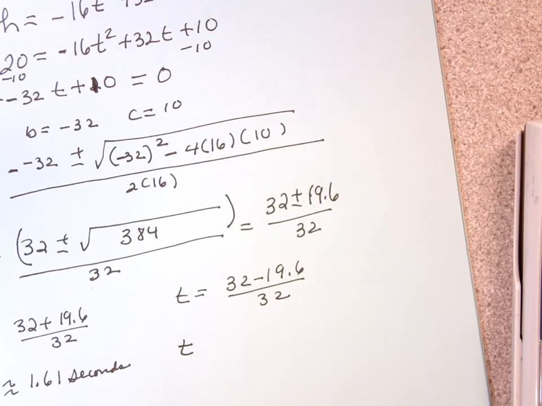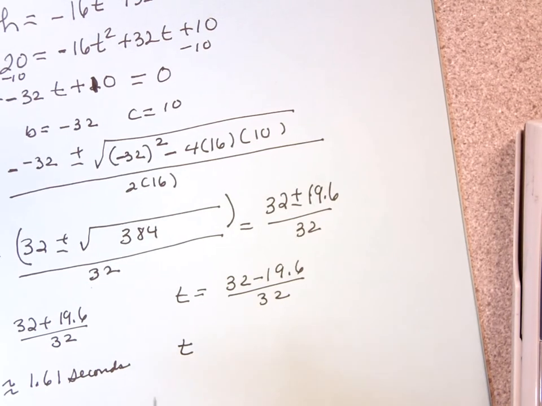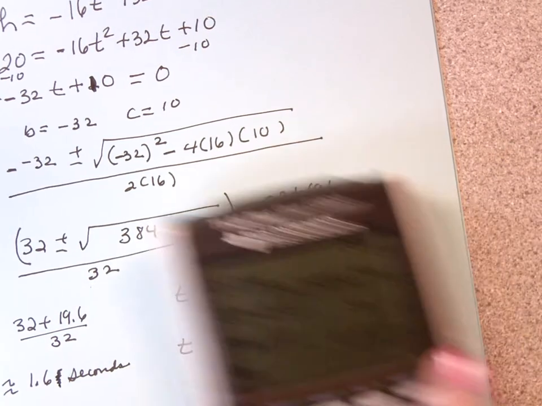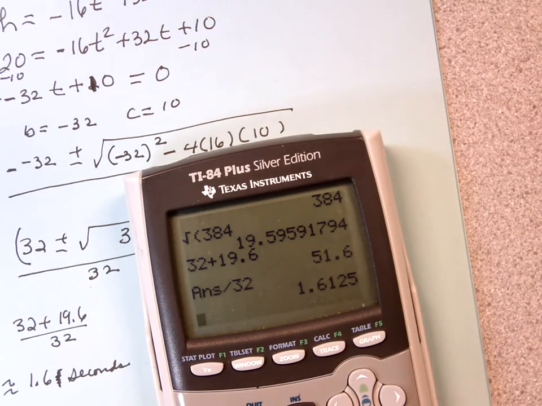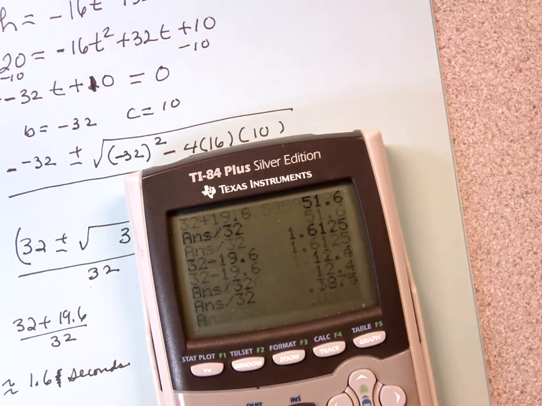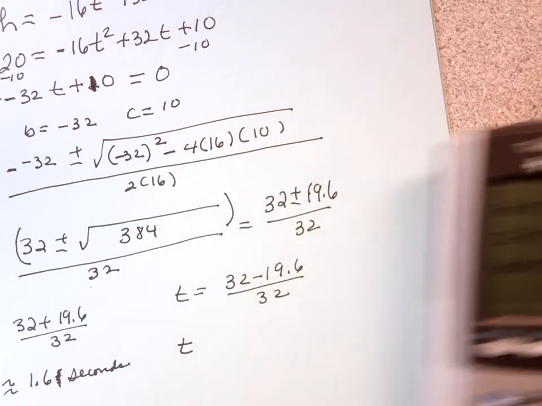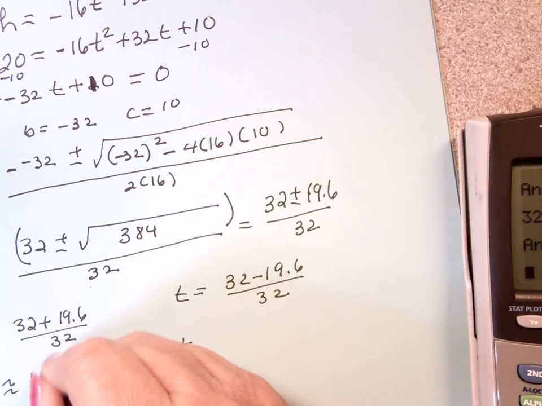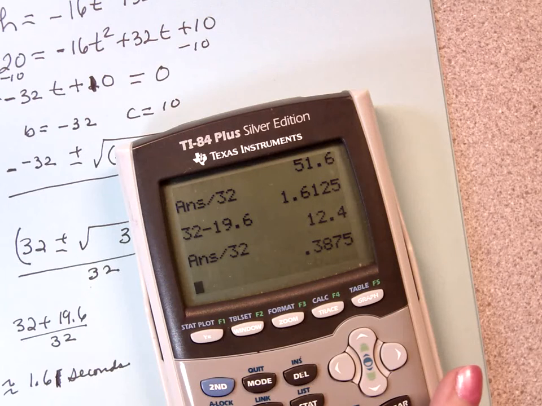Oh, yeah, nearest hundredth. So nearest hundredth would be 1.61. And then you're going to have 32 minus 19.6, divide that by 32. Nearest hundredth would be 0.39.